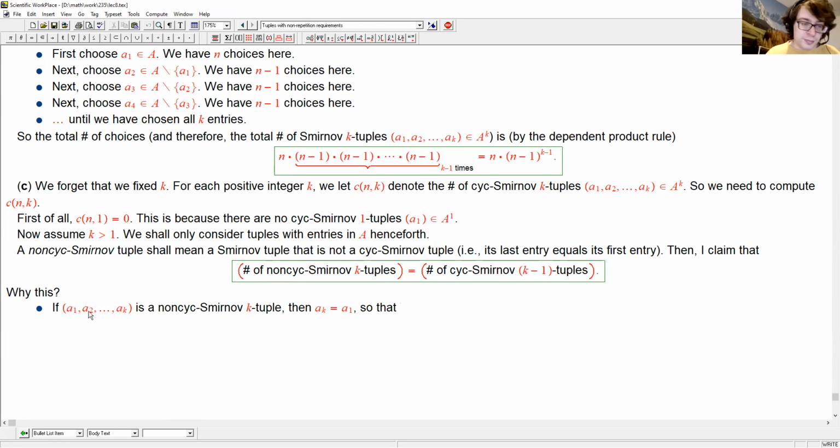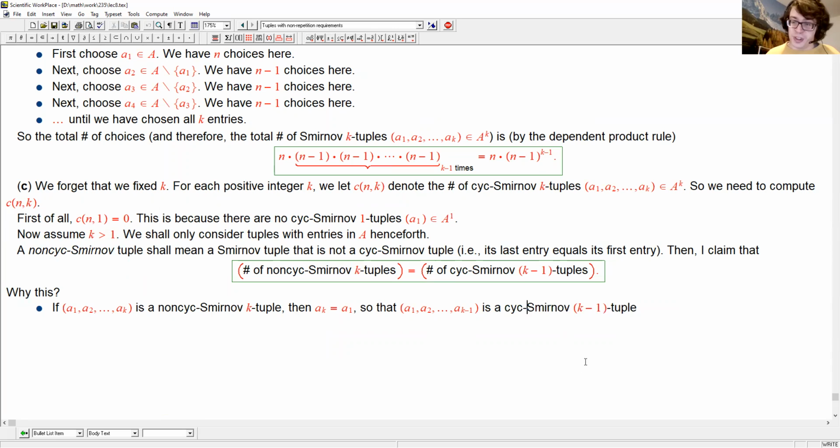So basically the last entry is unnecessary. It's just a repetition of the first entry. So if you throw the last entry away, this is a Smirnov (k minus 1)-tuple because, of course, the consecutive entries here are different, since they are consecutive entries here as well.